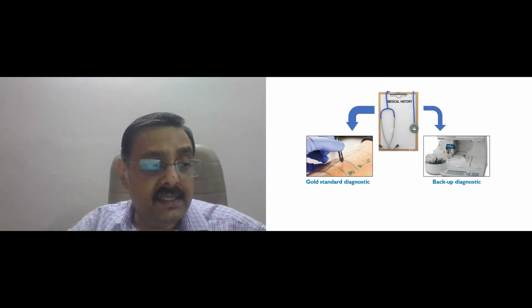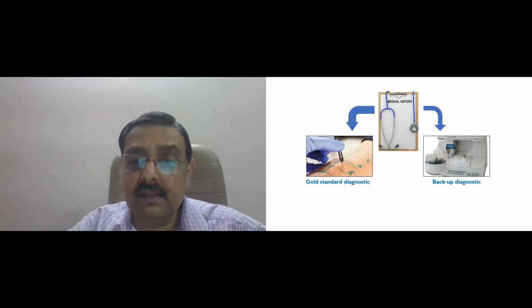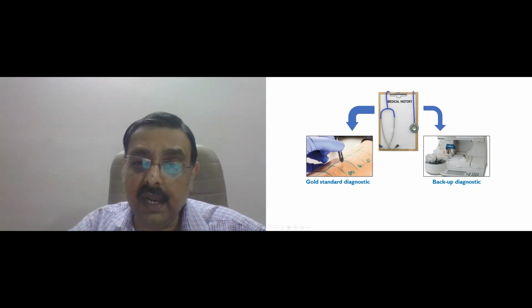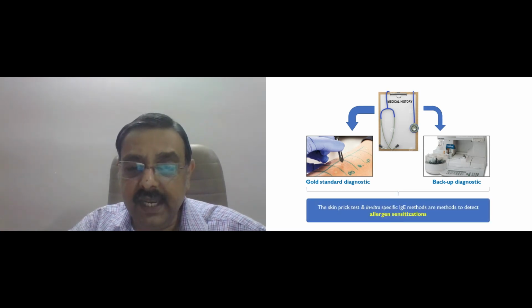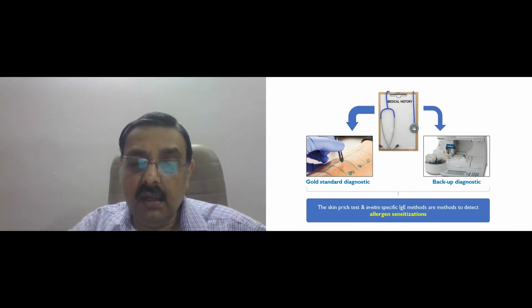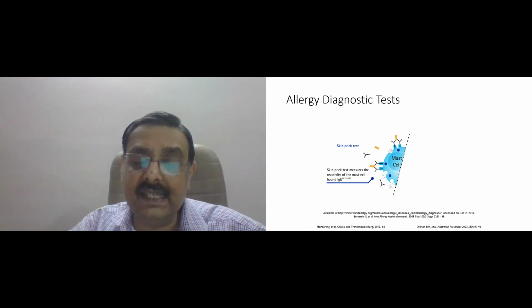Well, the allergy testing can be done with a skin prick test, and you can have an immunocap, which is your blood allergy testing. I'll not go into a lot of details because this must have been discussed in your course at multiple points of time. Both tests seem to be good, but the skin prick test picks up the IgE which is bound to mast cells.